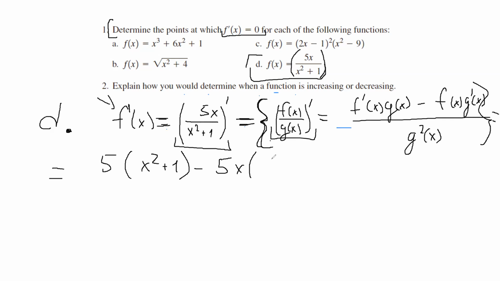So this is the formula that we gotta use for differentiation. f of x is 5 times x, g of x is x squared plus 1. So now I differentiate it using this formula, where the numerator is the derivative of f of x times g of x, subtract f of x times g prime of x.